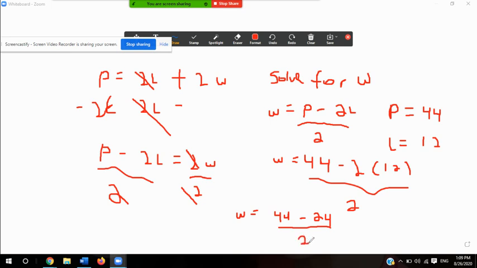So we have 44 minus 2 times 12, which is 24, and that equals 20, and 20 over 2 is 10.